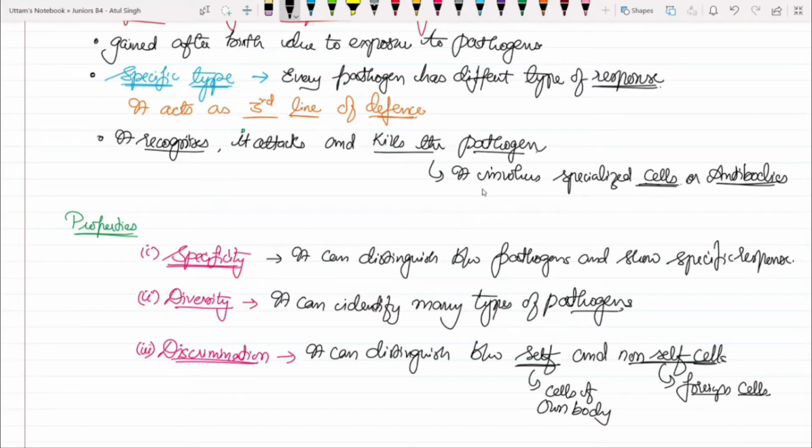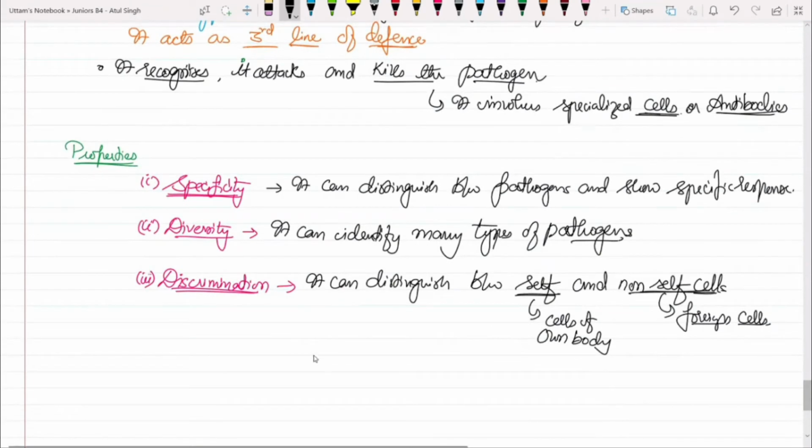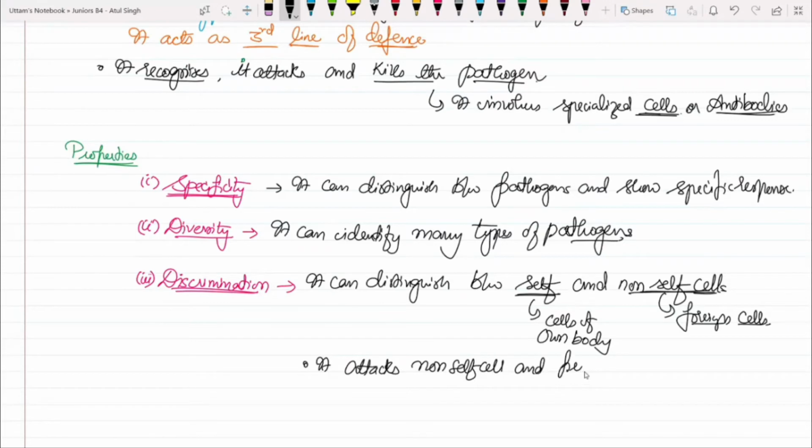Because of this discrimination feature, it attacks non-self cell and protects self cell. Self cell is protected, non-self cell is attacked. Got it?